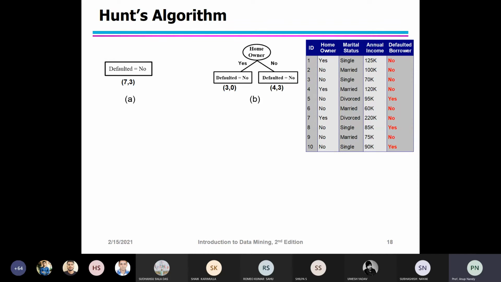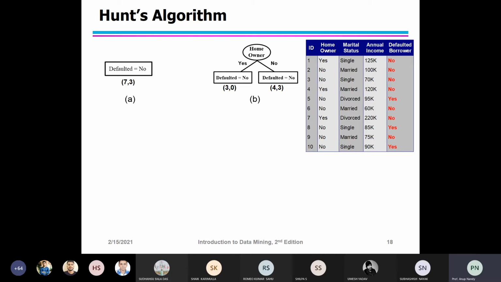For the present moment, we assume that this is the best criterion for splitting the data at this point, so I am choosing homeowner as the best attribute for splitting the data.